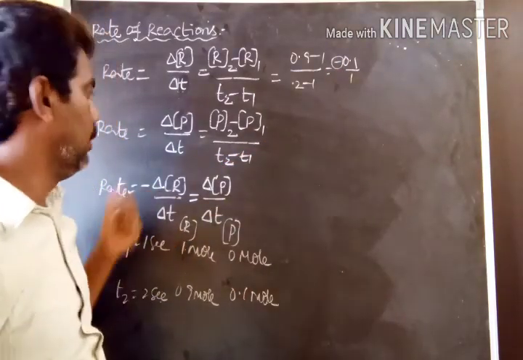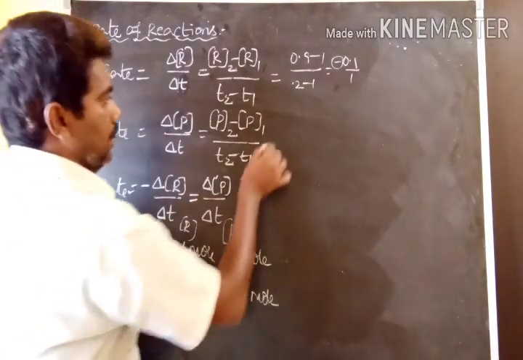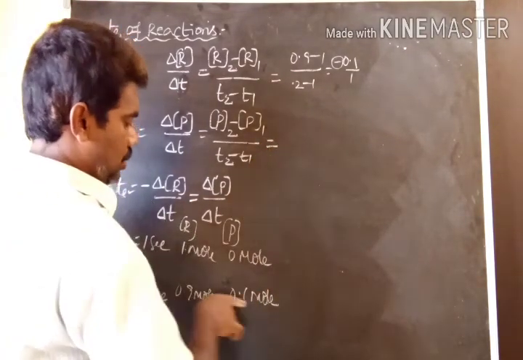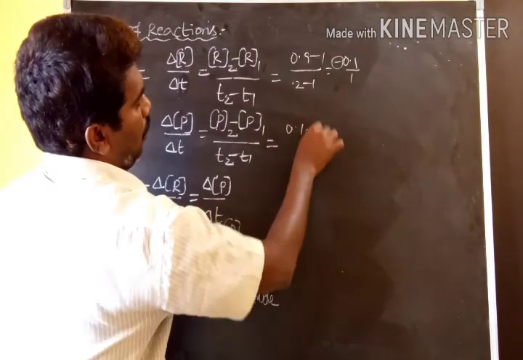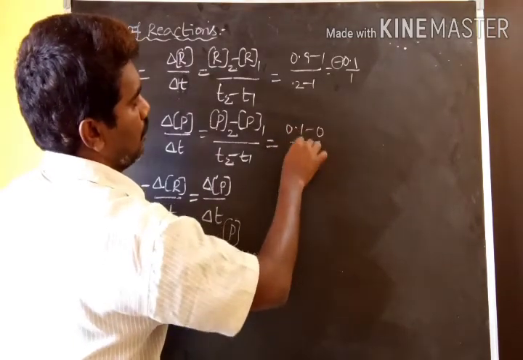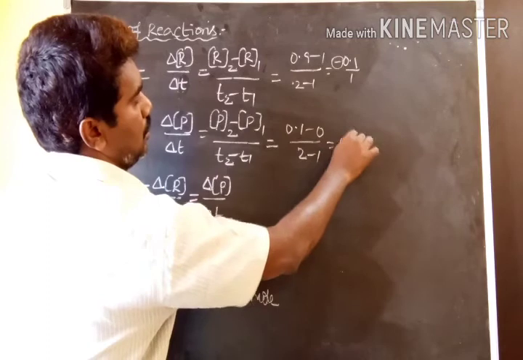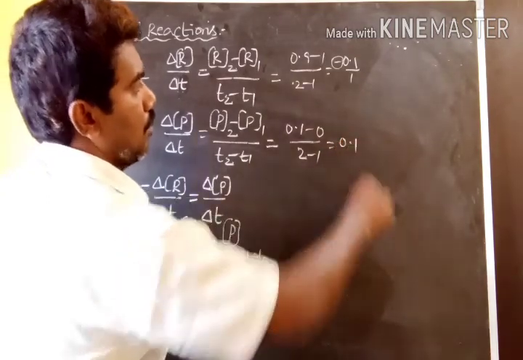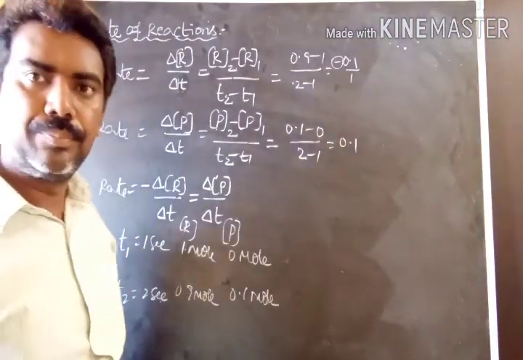That's why it is multiplied with the negative. And here take P2 minus P1: P2 value 0.1 minus 0 by 2 minus 1, which is equal to 0.1. So that is the thing.